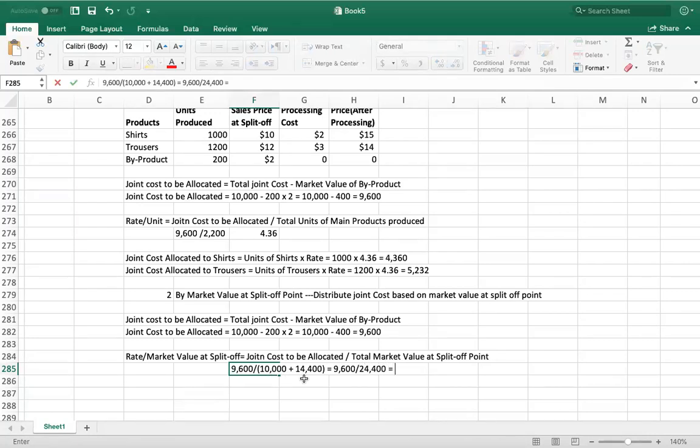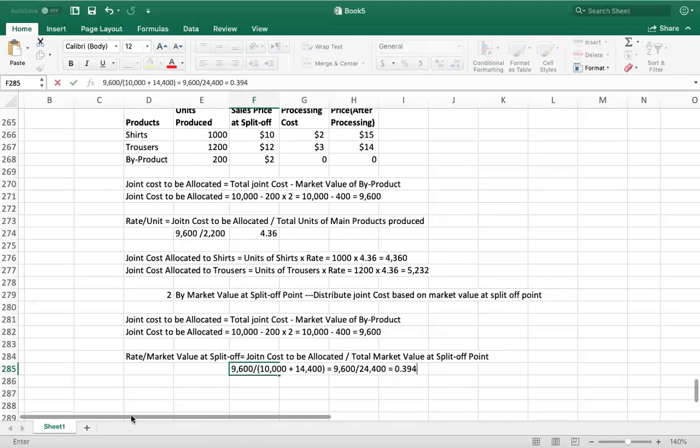Now see how much the rate is: 0.3934, taking it up to 4 decimal places.